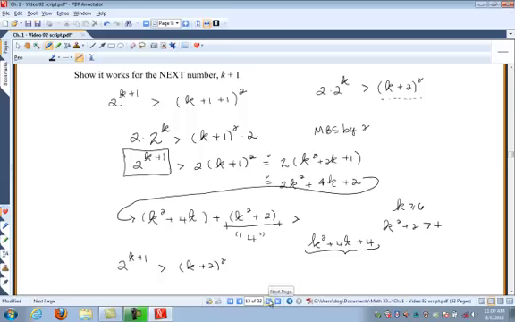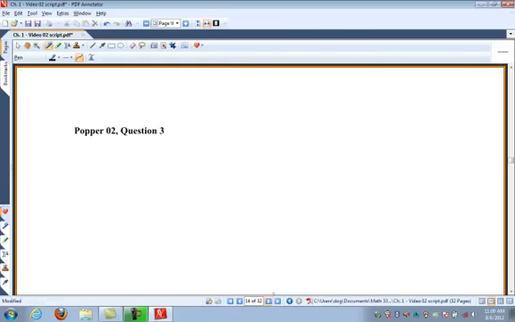Let's now have Popper 2, question 3. All right, here are some steps from an induction proof. This is a real proof, by the way.